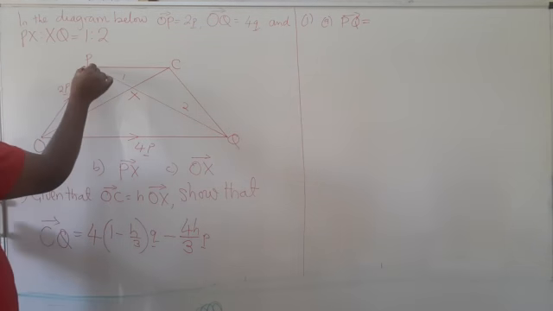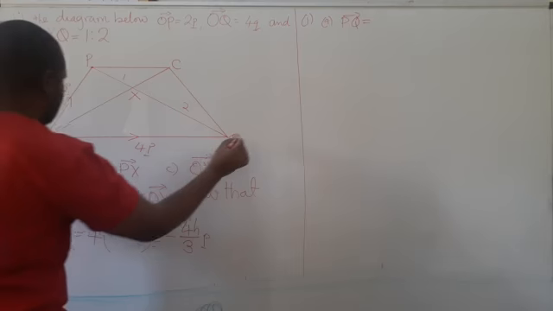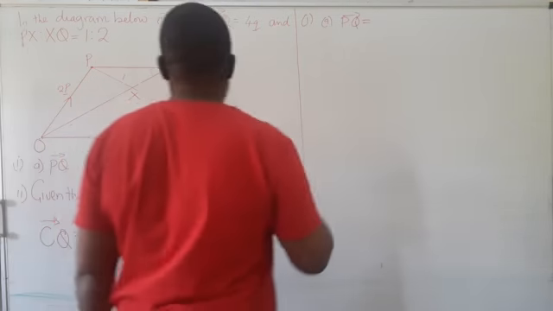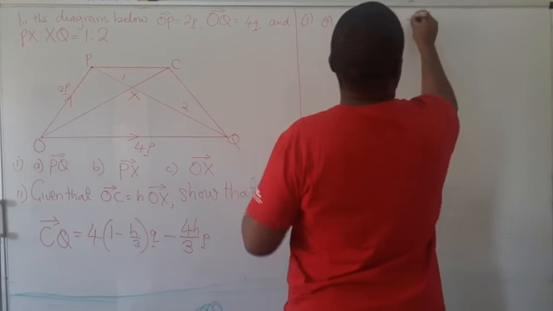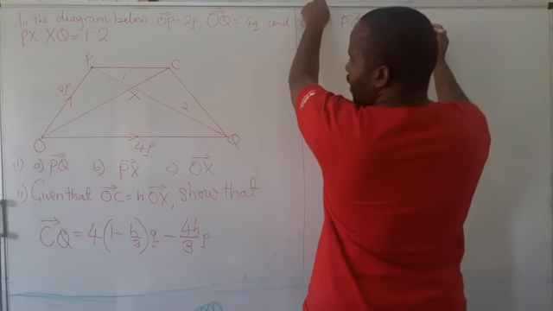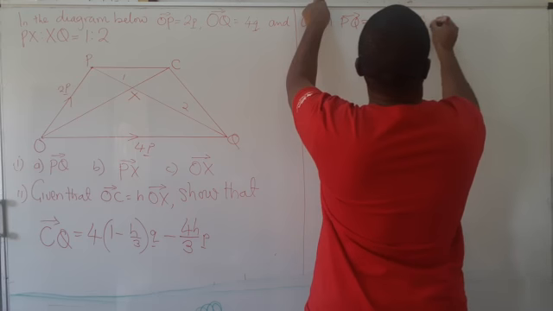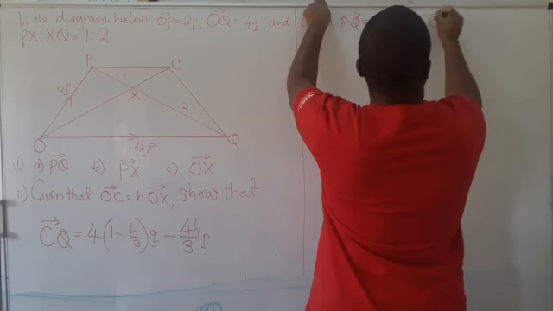So I can move from P to O to Q. So I'll say PO plus OQ.